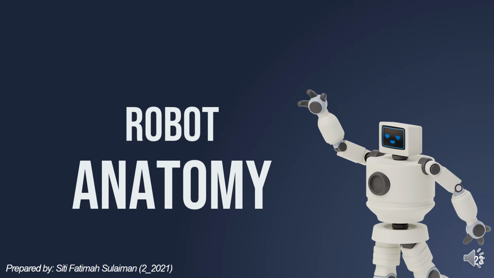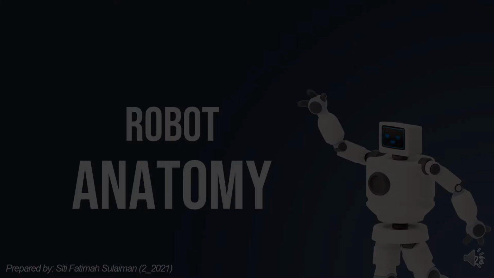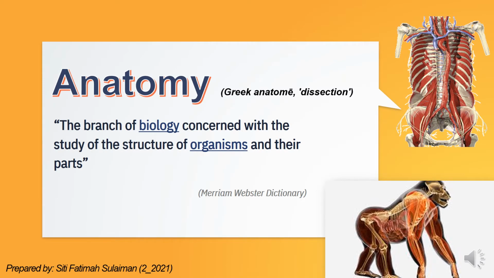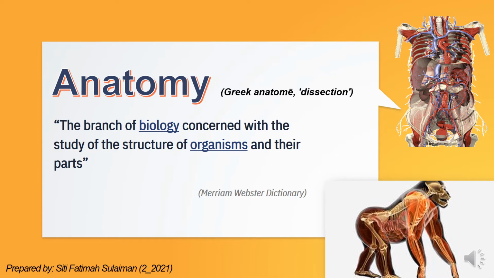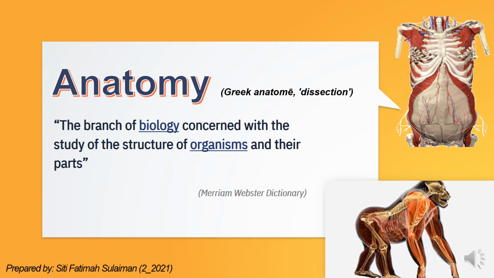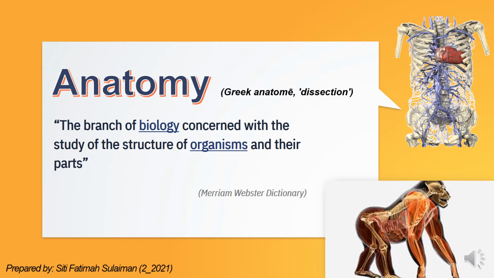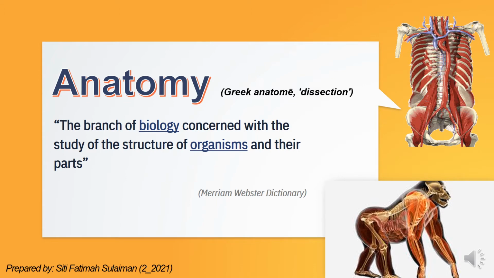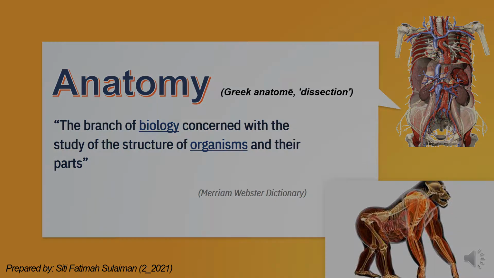What is robot anatomy? Have you ever heard about robot anatomy? Merriam-Webster Dictionary defines anatomy as a branch of biology concerned with the study of the structure of organisms and their parts.